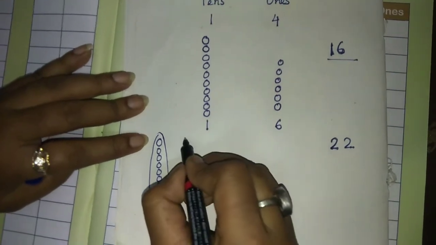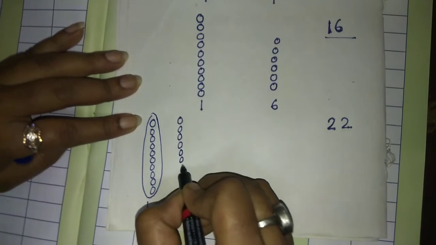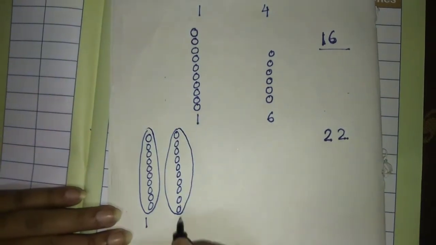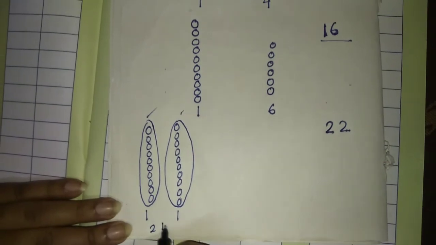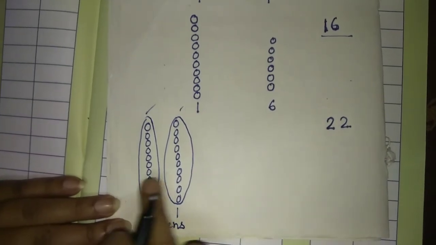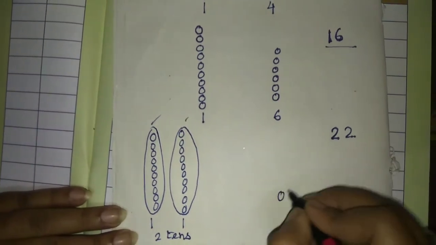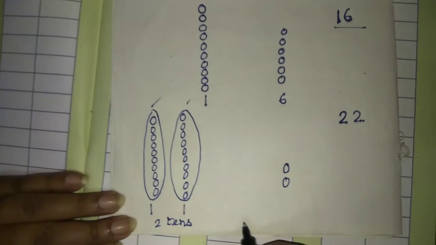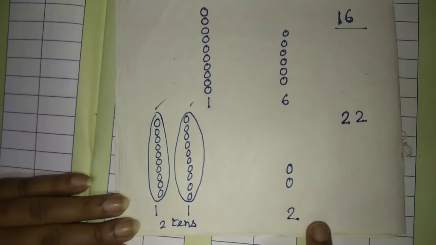Again I am taking 1 tens, 1, 2, 3, 4, 5, 6, 7, 8, 9, 10. So here is another 1 tens, which makes 2 tens. And here are only 2 single beads. So 2 tens, 2 ones.